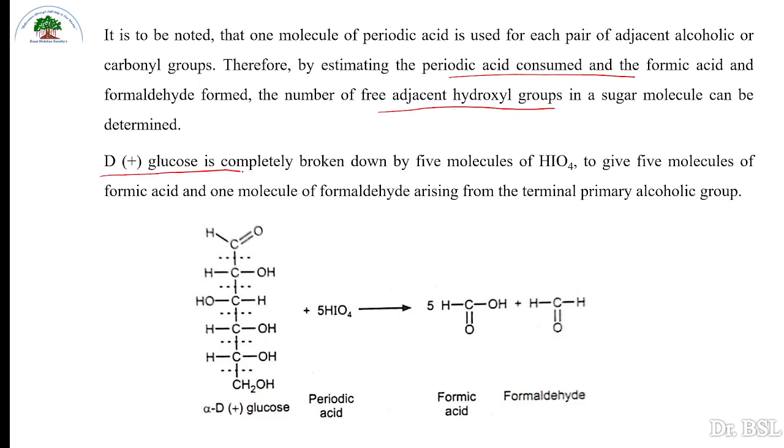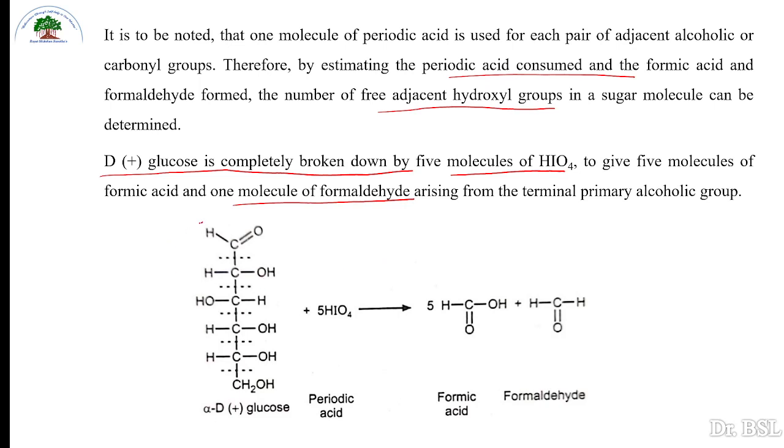So D-plus-glucose is completely broken down by 5 molecules of HIO4 to give 5 molecules of formic acid and 1 molecule of formaldehyde arising from terminal primary alcoholic groups.